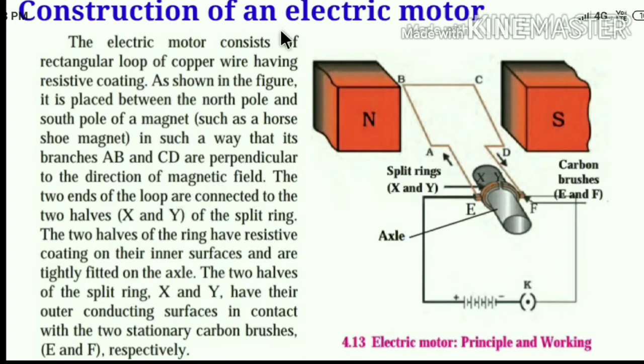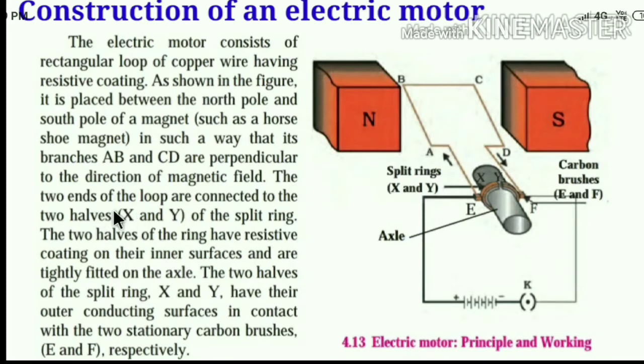So this is the magnetic field of the horseshoe shaped magnet, and the branches AB and CD are perpendicular to the direction of magnetic field. So this is the direction of magnetic field and these are perpendicular to that.